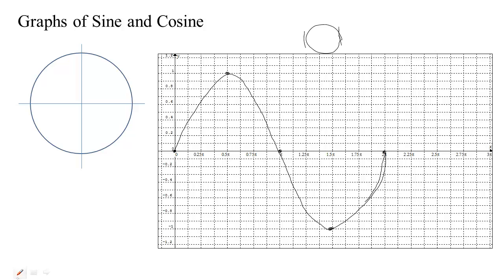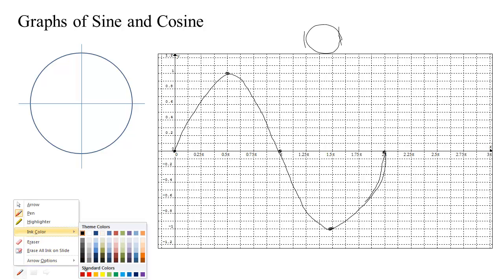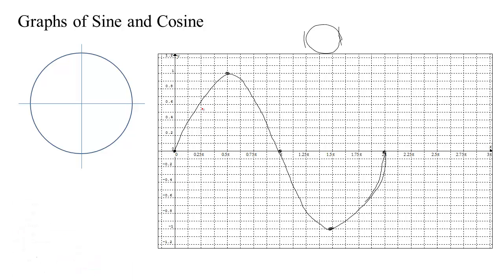For the cosine, let me use a different color here. Make that one red. For the cosine, when the angle is 0, you're all the way forward, so the cosine is 1. When the angle is pi halves, your horizontal component is 0, so the cosine is 0. When the angle is pi, you're all the way back at -1, as far back as you can go. When the angle is 3 pi halves, you're back to a horizontal component of 0, right?